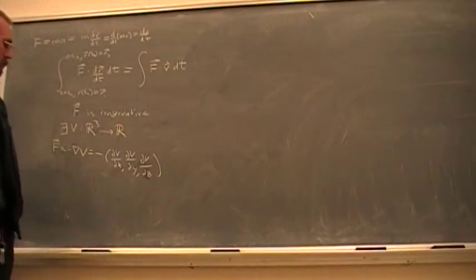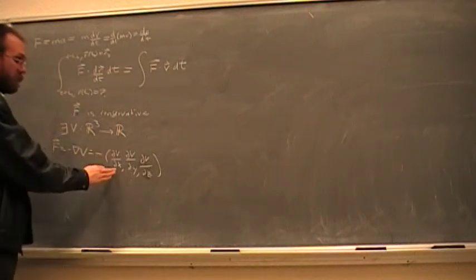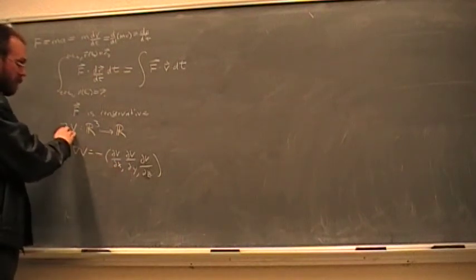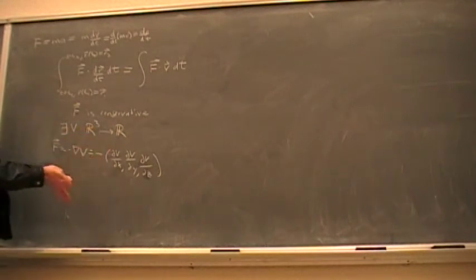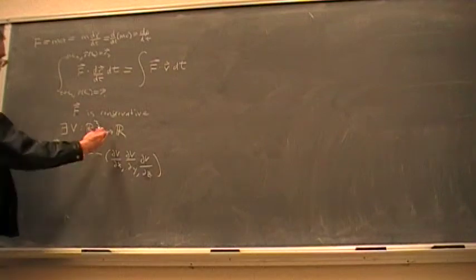So a partial, remember, you just think this field V has three inputs, x, y, and z. Imagine that you hold y and z constant, and you just vary one of them. Well, hey, now it's like an ordinary one input function, and you just take the regular derivative you're used to.